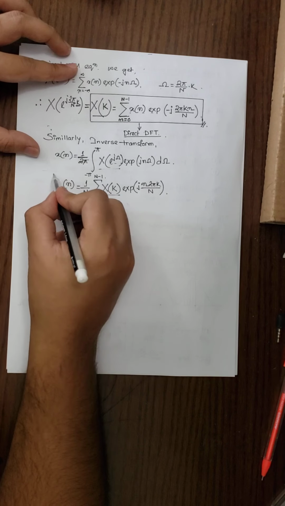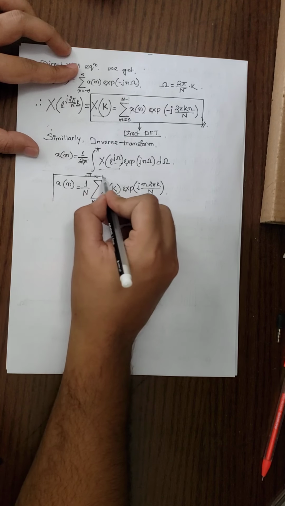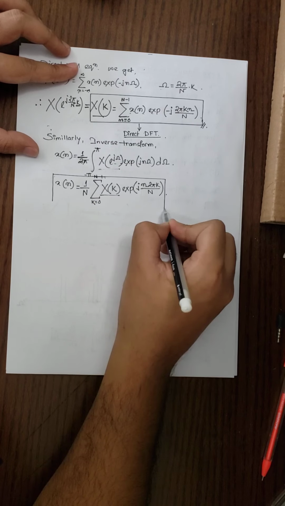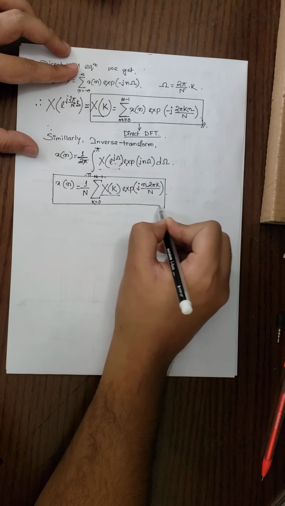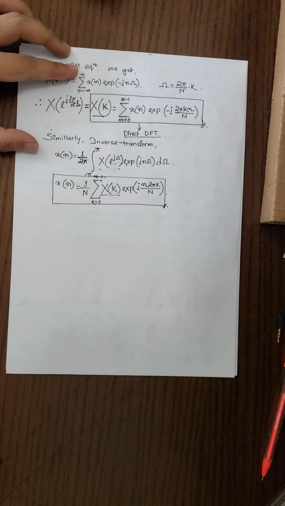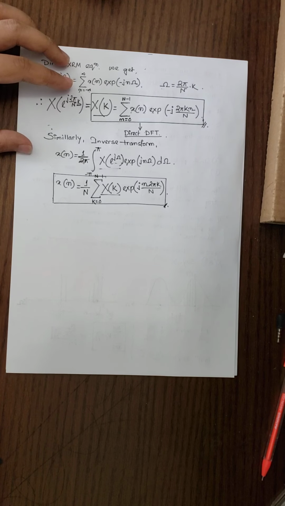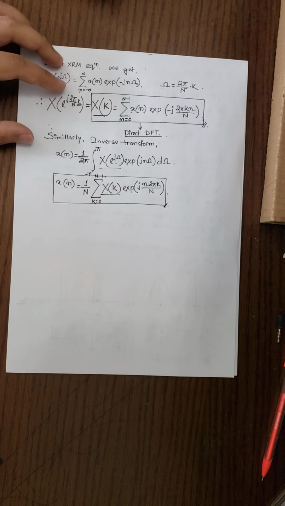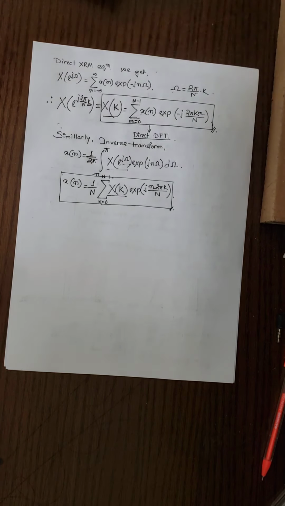So this is our required inverse transform for the discrete Fourier transform. Up until now, I hope there are no confusions, and if that is the case, we shall move forward into the next part.